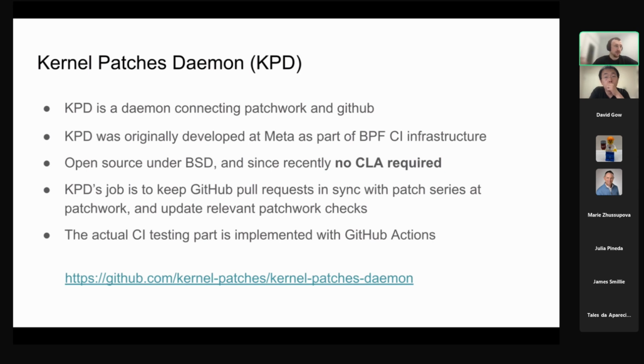And of course, GitHub Actions are usually triggered by various events in a GitHub repository, which is a separate topic, and KPD does not directly implement any testing, right? It just serves as a trigger for GitHub Actions depending on events on Patchwork.